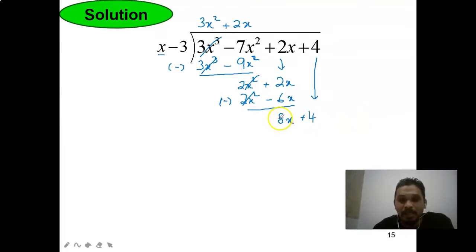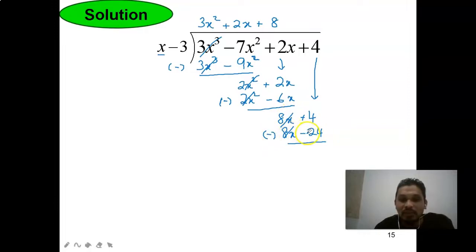Then 8x divided by x equal to 8. Again, 8 multiplied with x equal to 8x. 8 multiplied with negative 3 gives negative 24. So then 8x minus 8x, 0.